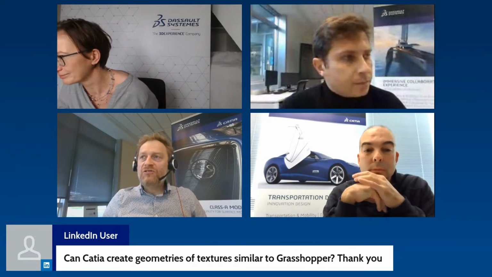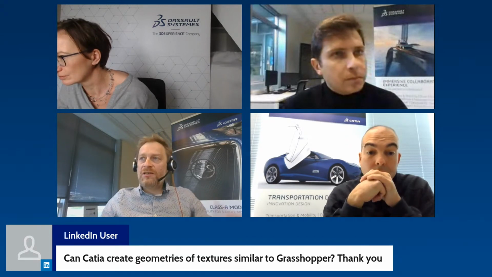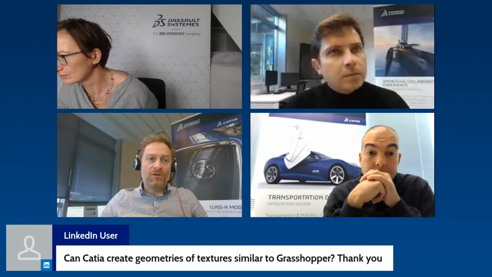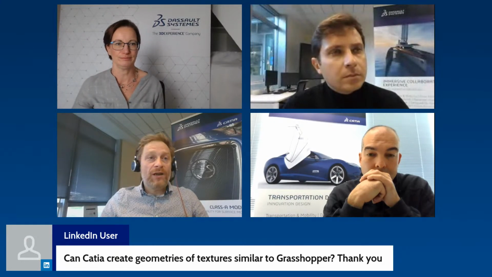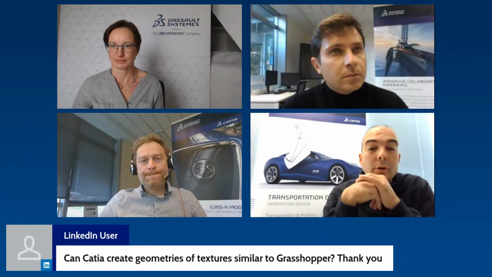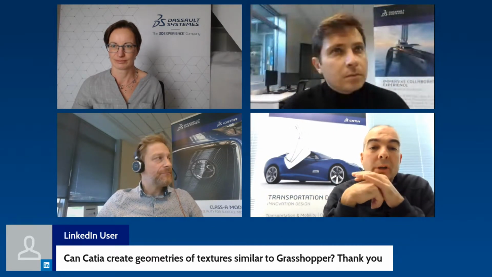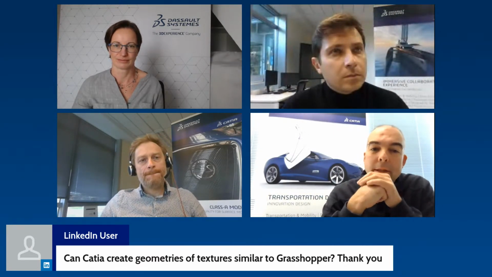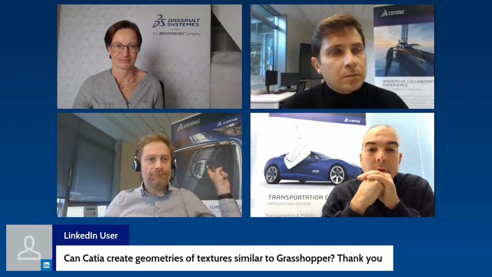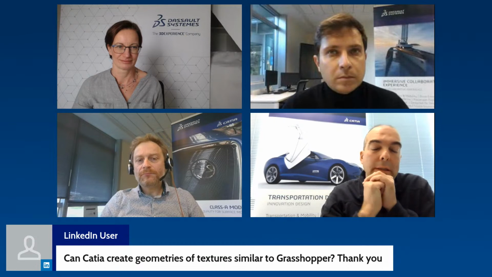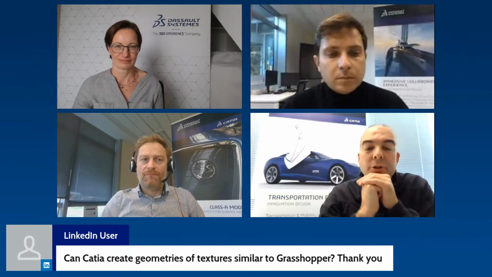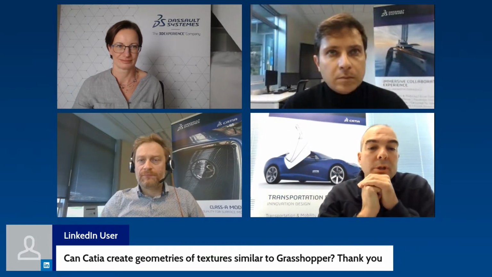X generative design, XGD, so called, is a similar way to Grasshopper, of course. Just a comment, you see a part of a car behind Sylvain, which has been done with that. You have a huge grid here, a kind of bump texture. This is done with this kind of tool.